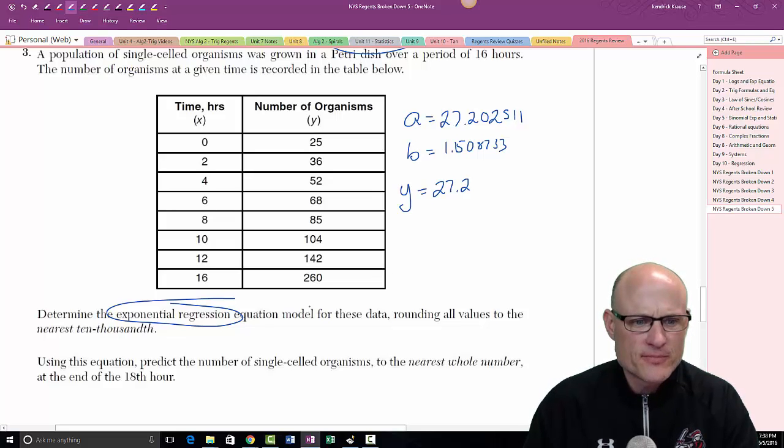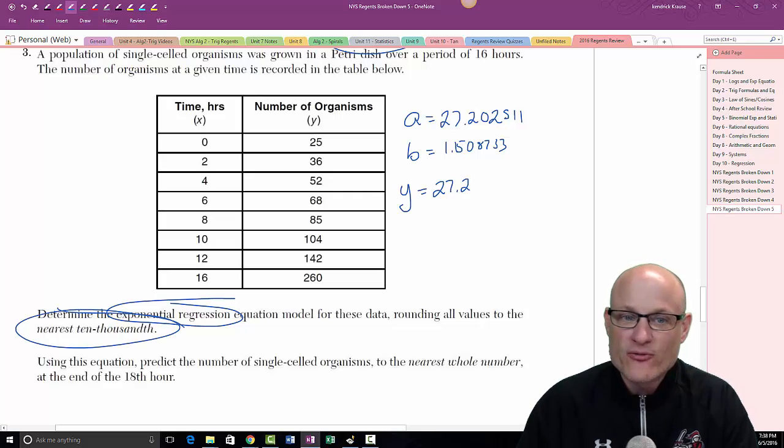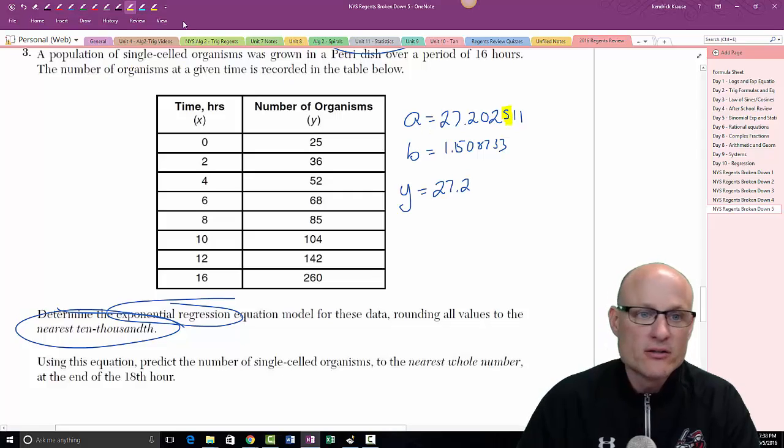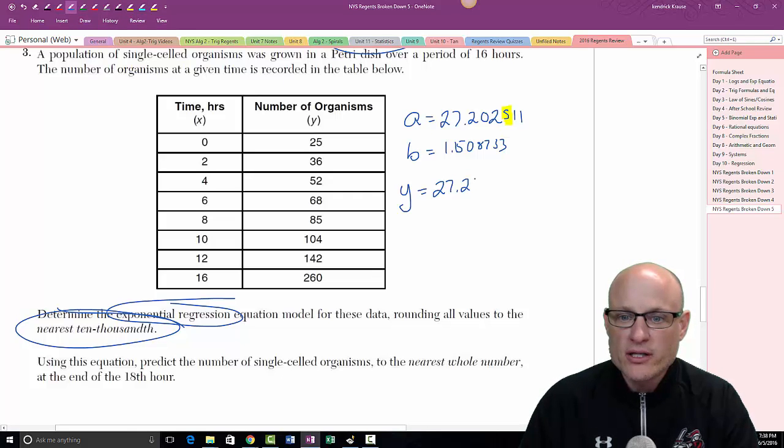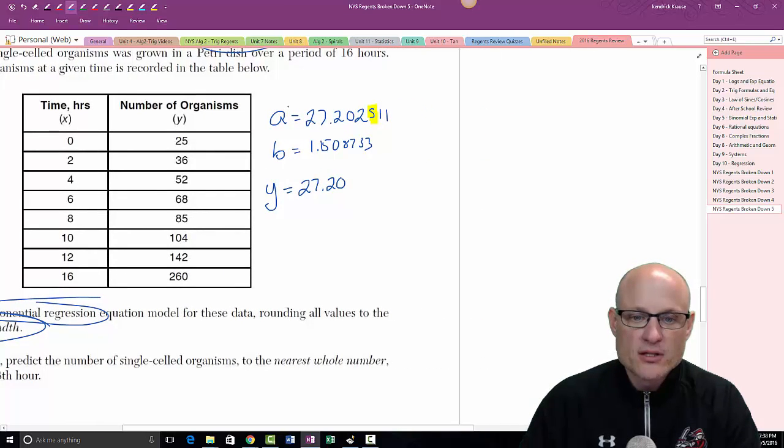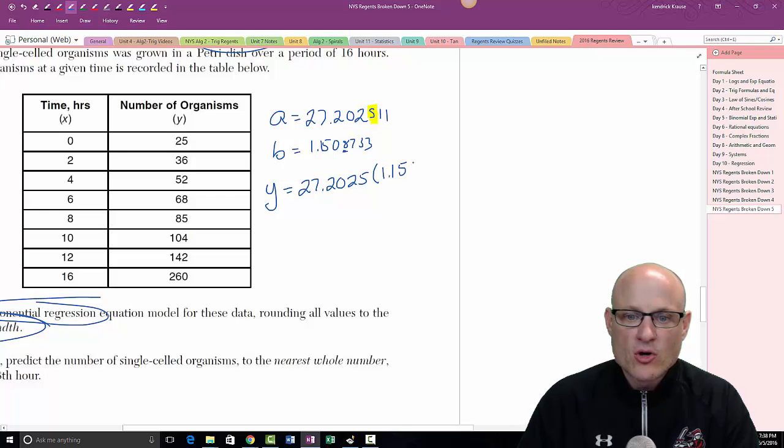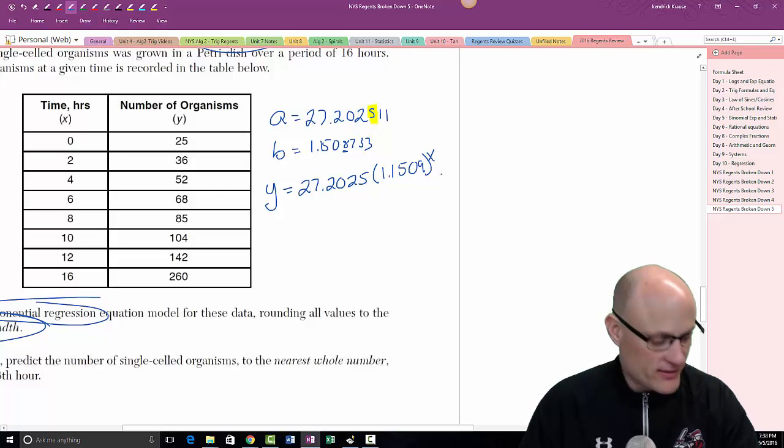What are we rounding to? Ten thousandths, 4 decimals. Let me see. 1, 2, 3. I got to round out to here. All right, so y equals 27.2025 times 1.1509 to the x. Did I get that right? Oh, yes.